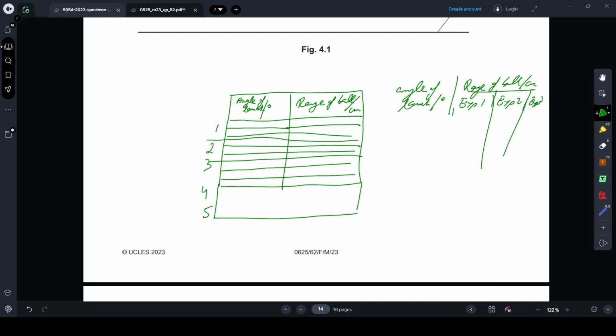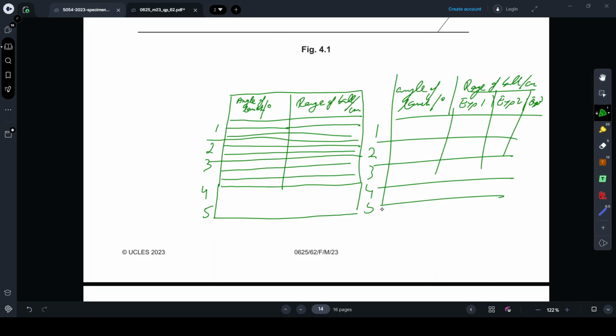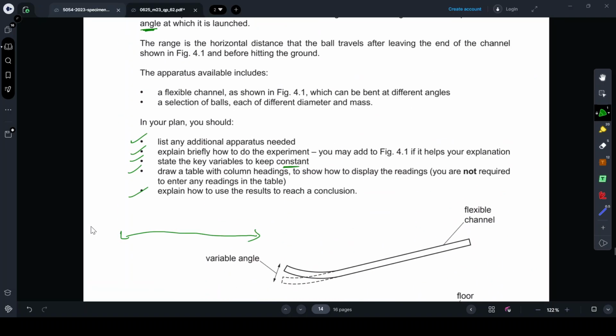If you feel that the table is cleaner that way, and then you do 1, 2, 3, 4, and 5. Yeah, and so that's what the table will look like. It could also be like that. That works as well. Okay, so you get the table, and the table is worth 1 mark.